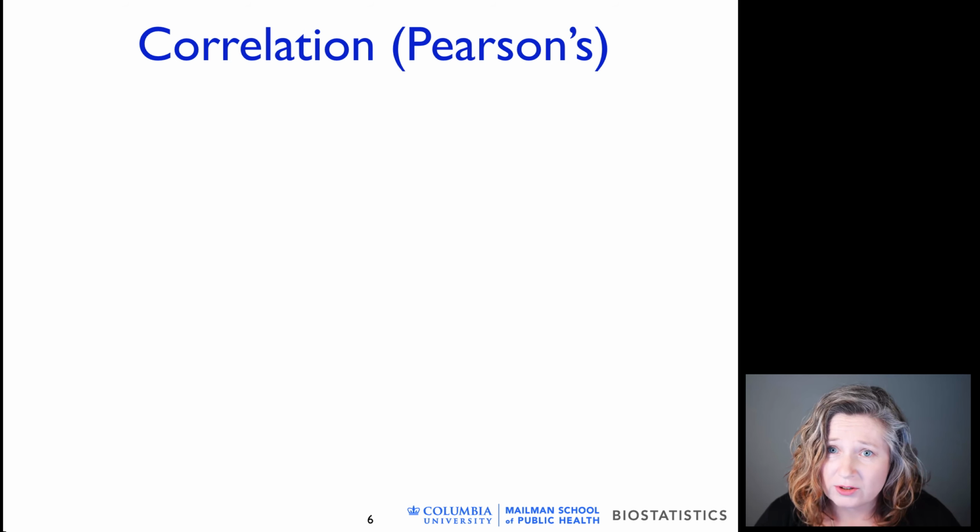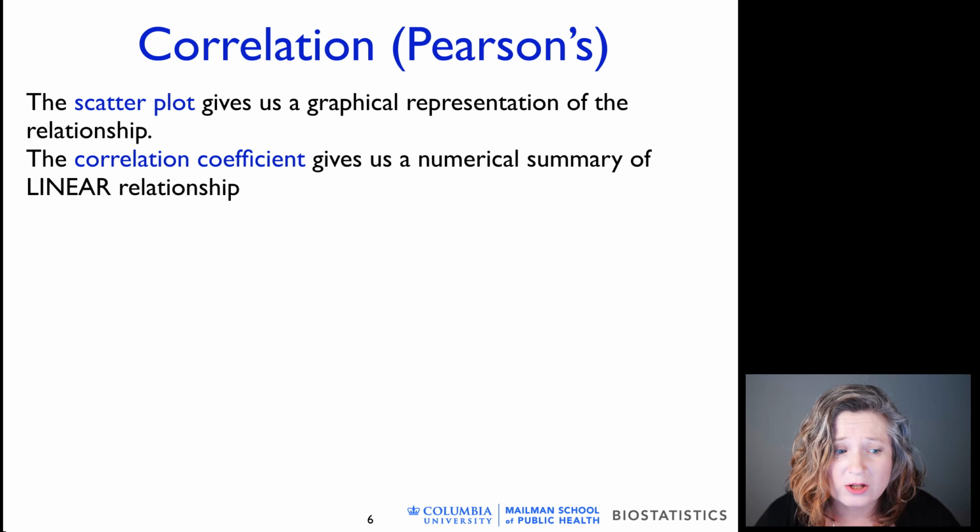However, it's very hard to compare when different people consider different associations strong and weak. That's why we have a correlation coefficient that gives us a numerical summary of linear association between two variables.